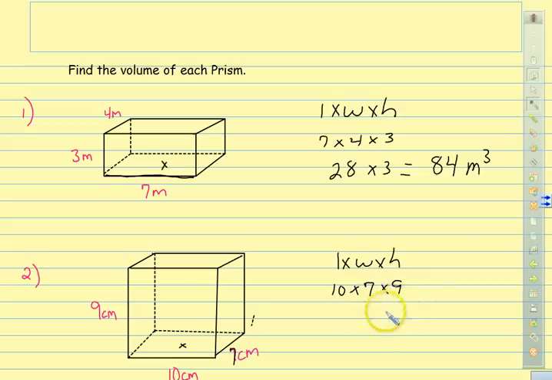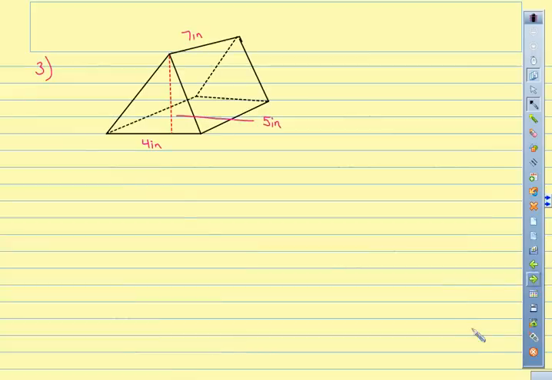So when we multiply all that together, we end up with 630 cubic centimeters. Okay? That is for volume of a prism.